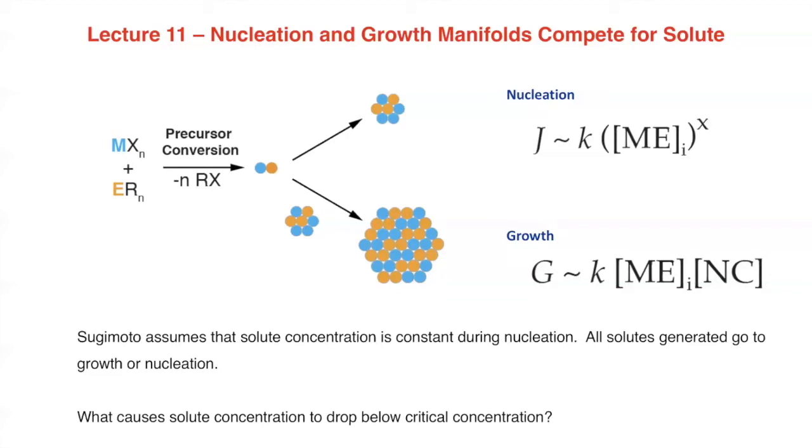And under those conditions, the solute concentration will drop. And that's when nucleation stops. Okay, so the growth process is kind of the process that dictates how long the nucleation phase happens.